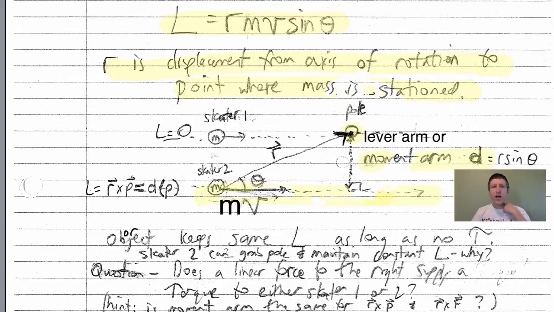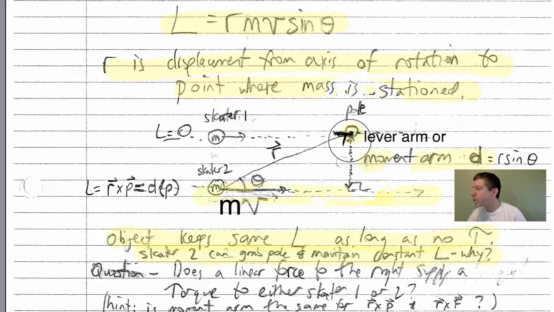So as long as there's no external torque, the object will maintain its angular momentum. So let's go ahead and select all this stuff here. The object will keep its same angular momentum as long as there's no external torque. Skater 2 can grab the pole and maintain angular momentum because there's no torque on them.